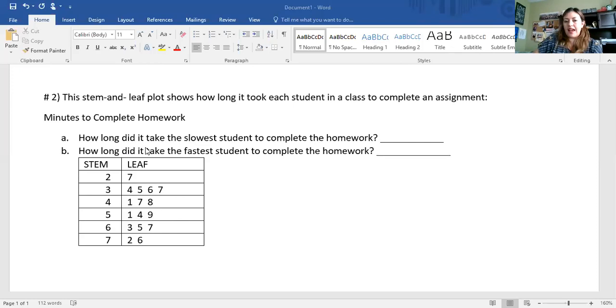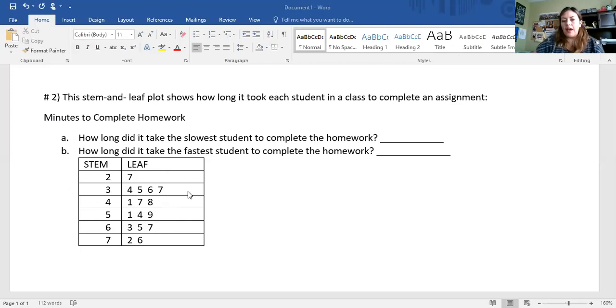Okay, so again, it's asking you for the slowest student to complete the homework. So these represent the minutes that students took to complete the homework. So you will have to look for the smallest digit. Go ahead and look for it, please.